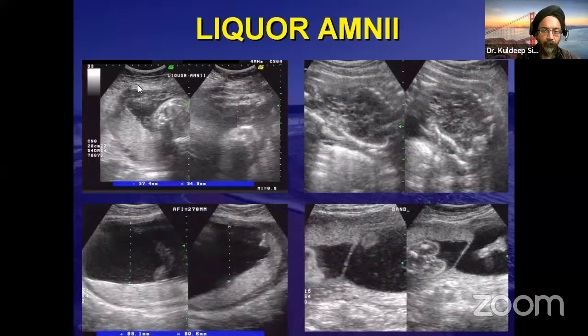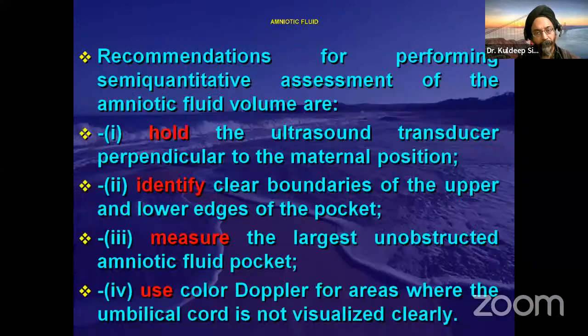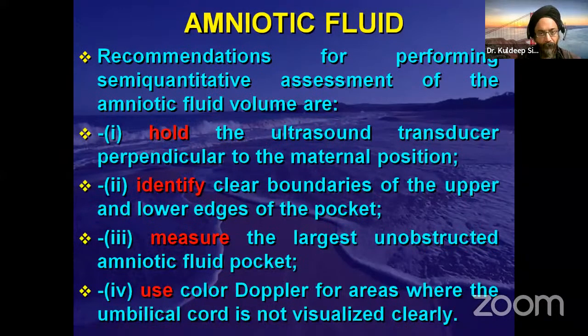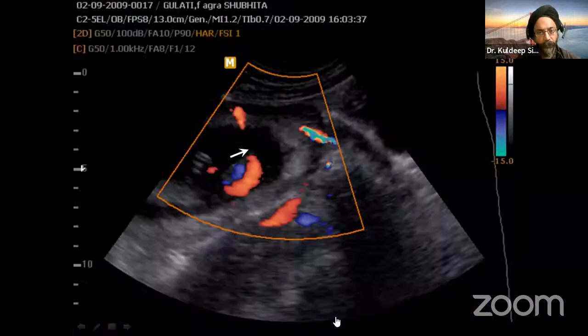You're looking at normal, oligohydramnios, polyhydramnios, and otherwise be careful whenever you're looking at amniotic bands. Again, recommendations: hold the transducer perpendicular, identify clear boundaries, measure the largest unobstructed amniotic fluid pocket, and use color Doppler for areas where the umbilical cord is not visualized clearly.